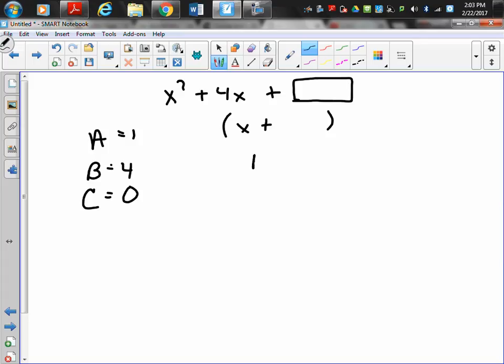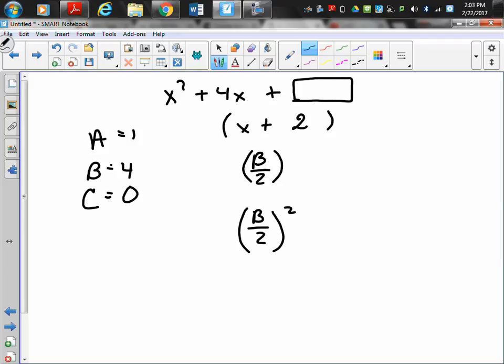Then you take b divided by 2, and then you have to take b divided by 2 squared.